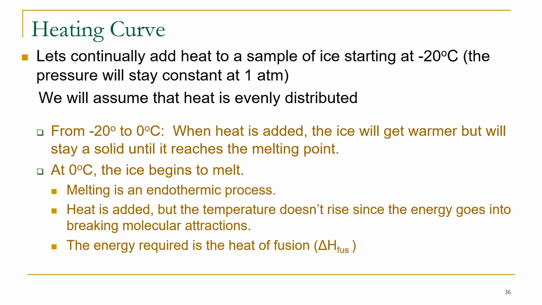So heat is added, but the temperature does not increase at all, because all of the energy at this point goes into breaking those molecular attractions. That's the heat of fusion. It's adding heat to break those attractions. So the temperature will stay at 0 degrees all through the melting process, and we'll have both solid and liquid present.